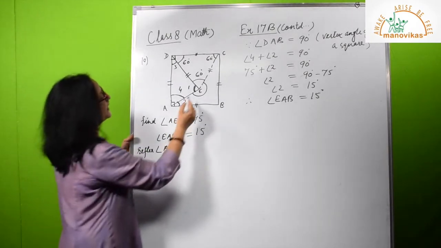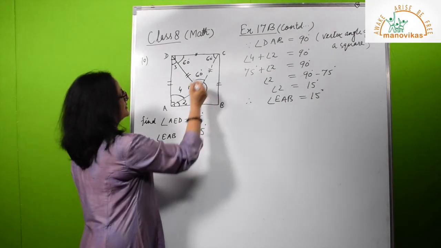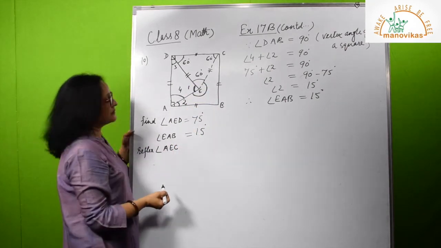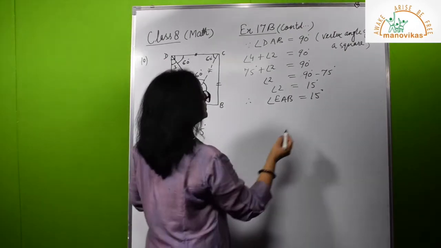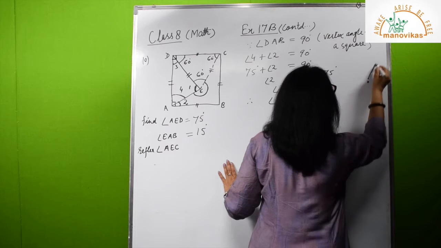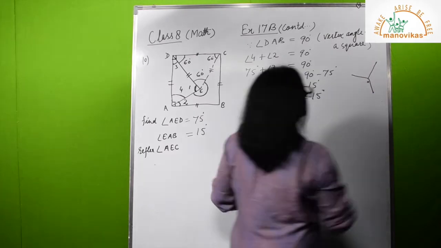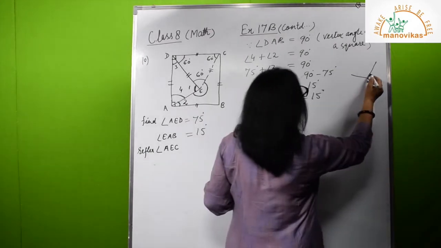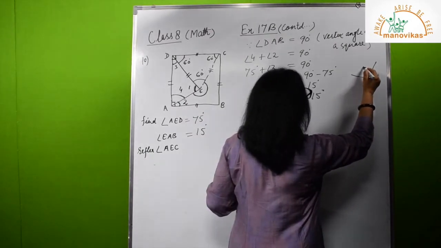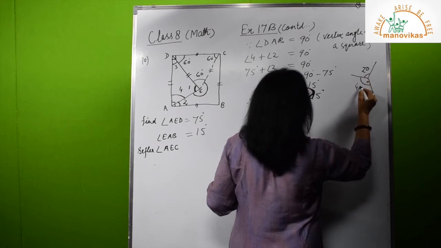Now you have to find this reflex angle AEC. Okay. Now here you can understand, if this is a point, say O, and these are three angles formed. This angle, say 20 degrees, this is equal to, suppose, 40 degrees.